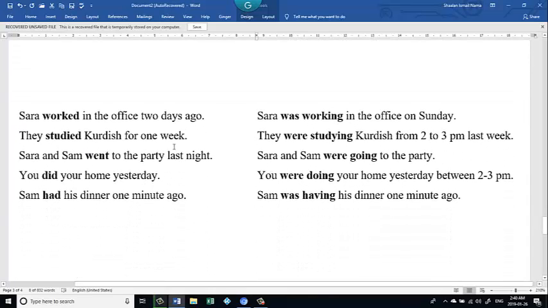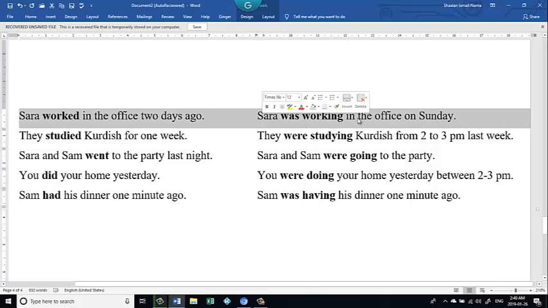Or if you look at these sentences, Sarah worked in the office 2 days ago. It means she's no longer working in the office. She worked there 2 days ago. Sarah was working in the office on Sunday.